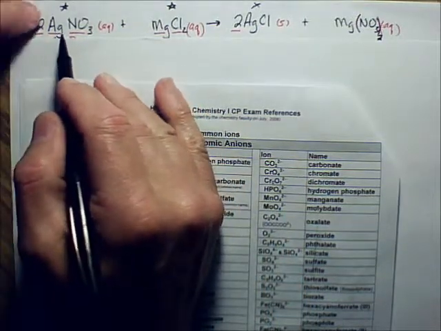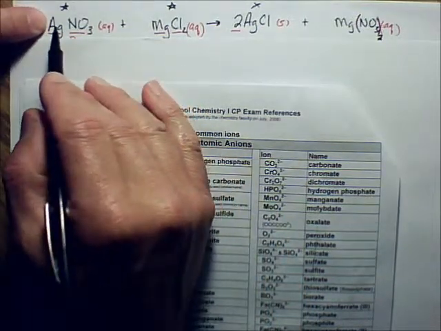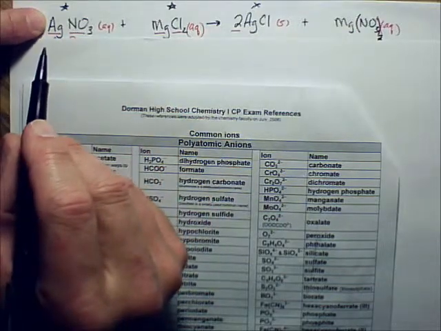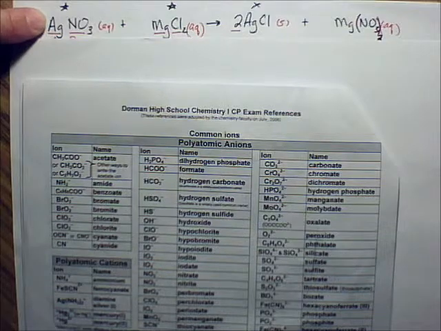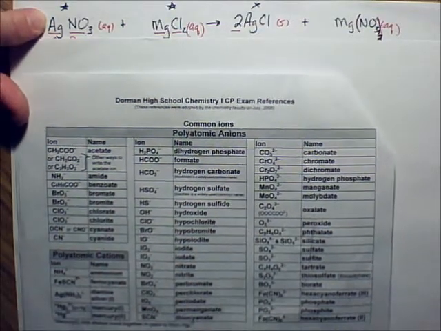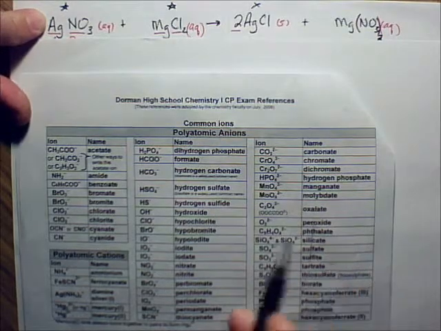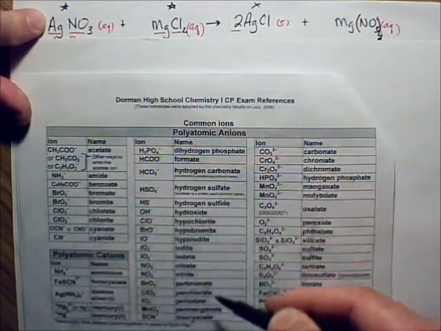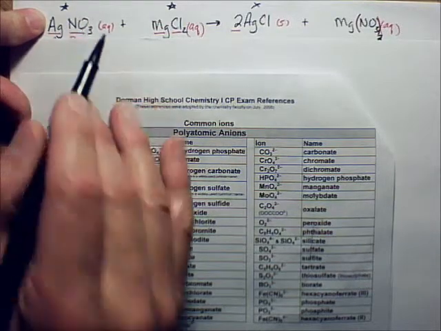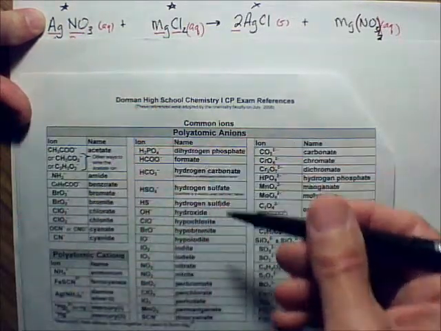So, if I have a formula that has more than two elements, the first thing you should do is go to this common ions list and look through it and see if you can find some part of this formula that looks like one of these common ions.